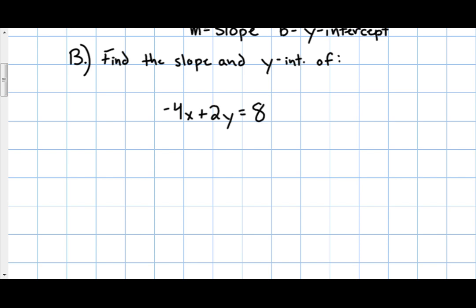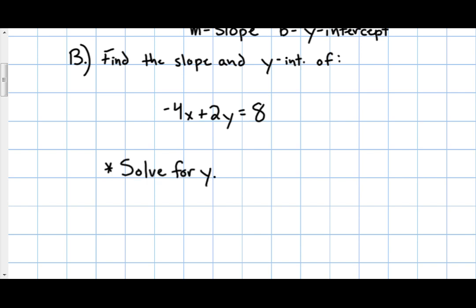Now this is known as standard form, where you have an x plus a y equals some number. Even though it's standard doesn't necessarily mean it's the best. So what you're going to do here is fairly simple. You're going to solve for y.